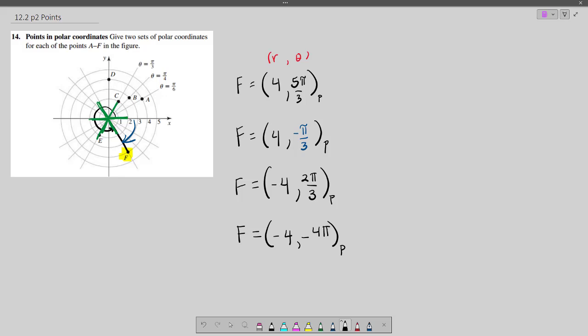So that would take us clockwise around and then go backwards into the opposite quadrant. So those 4 representations, all the same point. This one is the preferred one. This one is the standard representation, where both r and theta are positive.